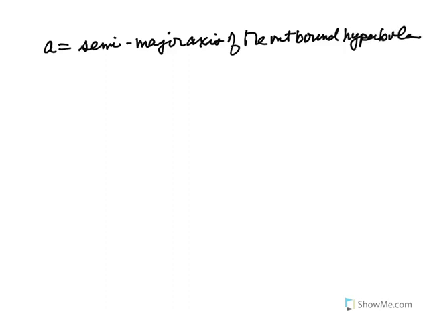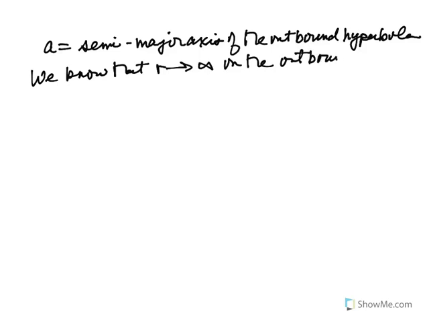So now we can use that information for the next step, which is that we know that R approaches infinity on the outbound hyperbola, because we're just continuing to go further and further away from the first planet.